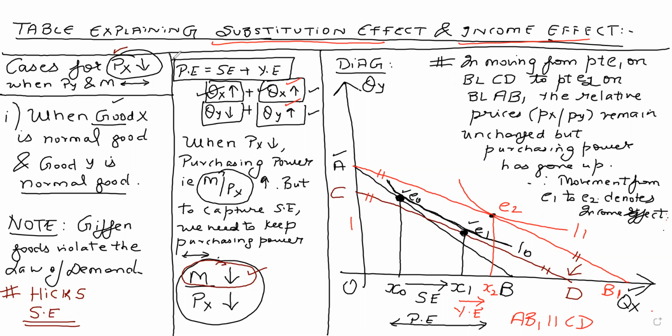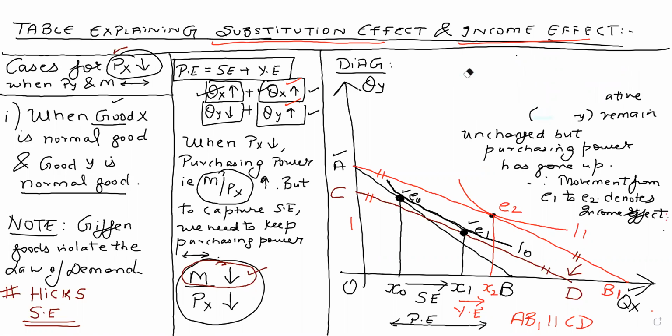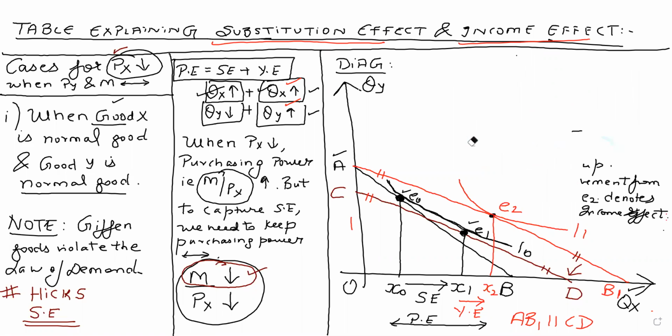And guys, if I quickly draw a demand curve for this, erasing this part, how do I capture the demand curve for good X? You capture the point E0 and point E2, because movement from E0 to E2 is the total price effect.